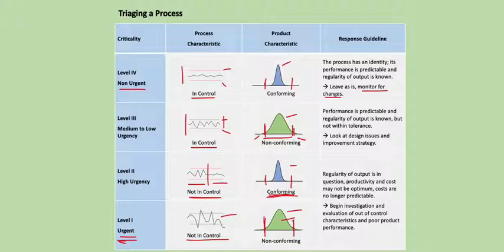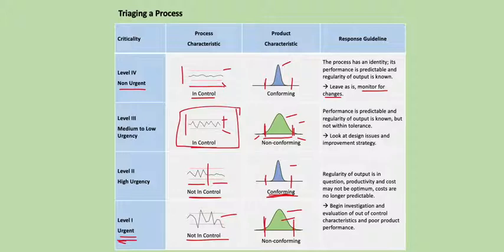For example, in the earlier situation, we had a process that was in control but was producing non-conforming product. Just because it's creating non-conforming product doesn't make it out of control. I've heard people say that quite a bit over the years: they say, well, the capability is not good, so the process is out of control. Well, it may or may not be. That's what you have to assess with these control charts.